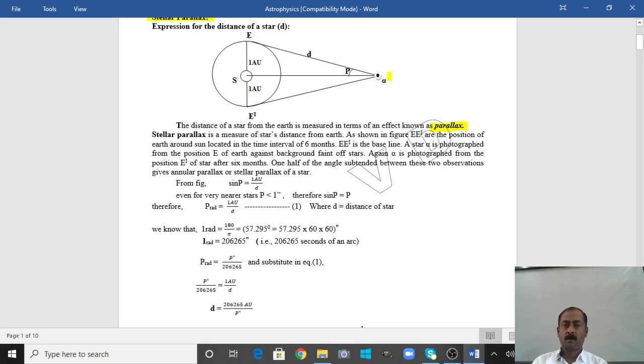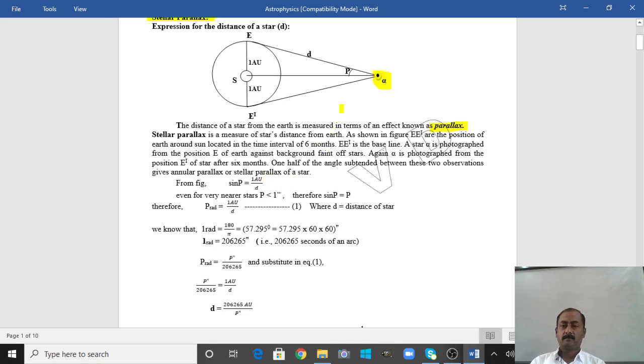Star alpha is photographed from the position E of earth against a background of faint stars. Again, alpha is photographed from the position E dash after 6 months. One half of the angle subtended between these two observations gives annual parallax or stellar parallax of the star.